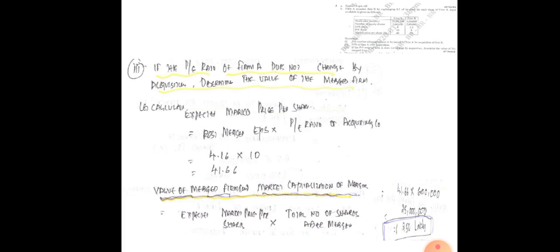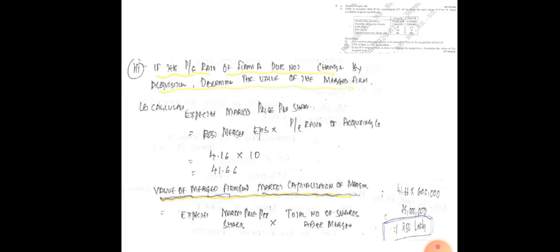So post merger EPS 4.16, calculated in sub question B, multiplied by the P/E ratio of 10 which is given in the question. 4.16 multiplied by 10, you get 41.66. This is the new market price of the merged firm after the merger.